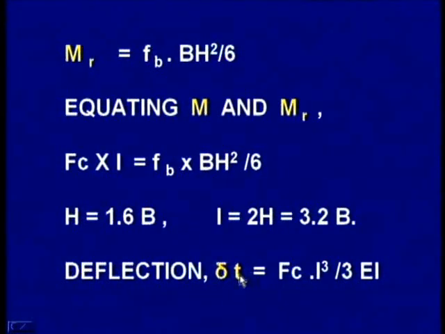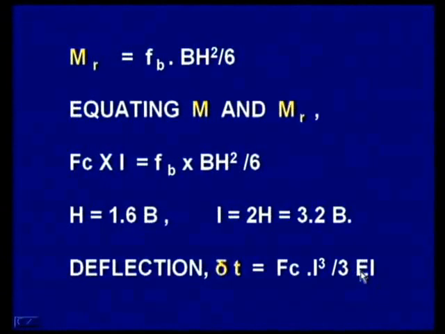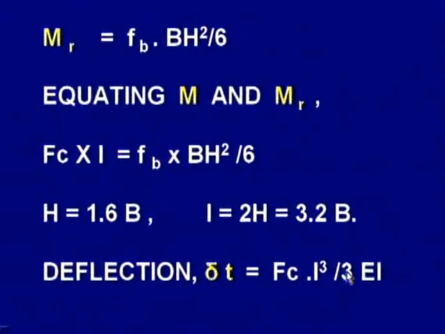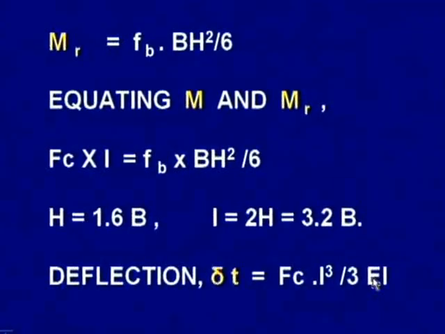It can be calculated by using this formula: delta T is equal to Fc into L cube divided by 3 EI. Here L is the overhang arm length, Fc is the cutting force, and in 3 EI, E is the Young's modulus of the cutting tool material.